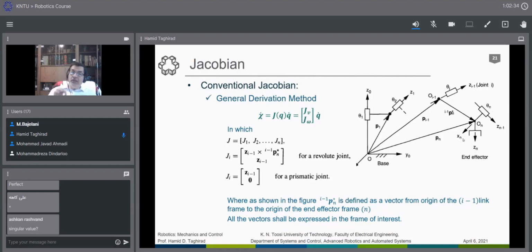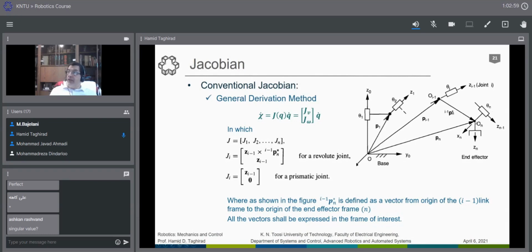The point at which we would like to find the end effector velocity, this mapping or this Jacobian, should be assigned first. Either we work at the very end point, for example this point, or the point here where we would like to find the velocity, or might be some wrist point, depending on the case.